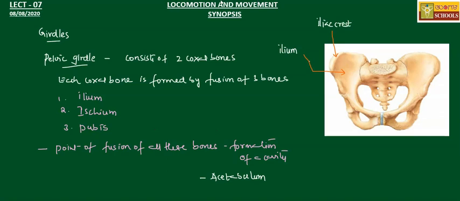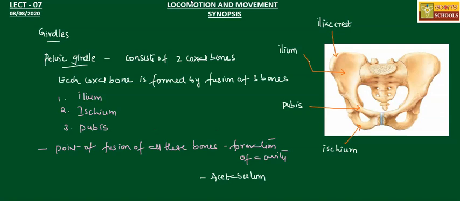Next, this portion is the pubis, and this is the ischium. So you have the ilium, the pubis and the ischium. All these parts together form one coxal bone.